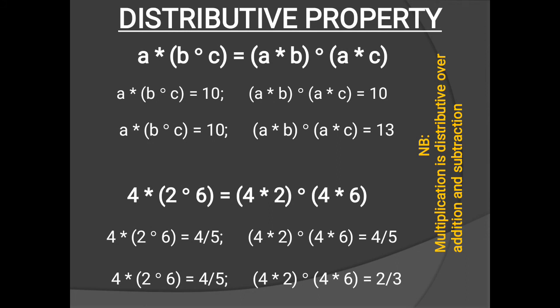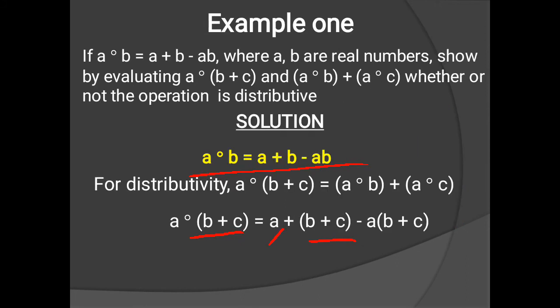Okay, I'm here. All right, so let's move on. So we expand this side. Negative A times B is negative AB. Negative A times C is negative AC. Then we remove our parentheses over here. So A is here, B plus C is here, parentheses removed.